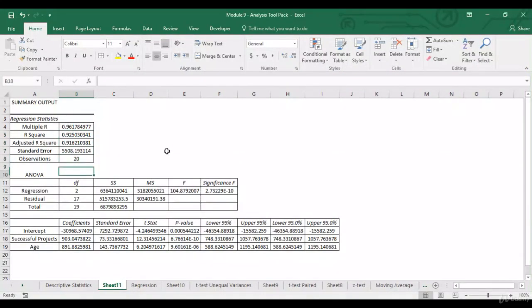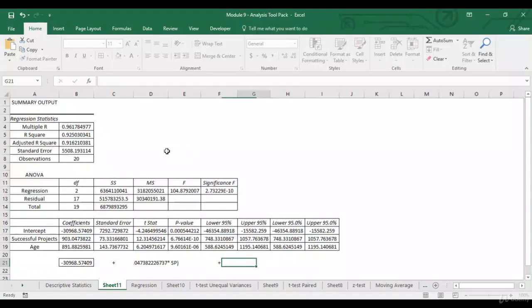Now, how to identify the equation over here? So we've got this as our constant plus into successful projects plus into age.